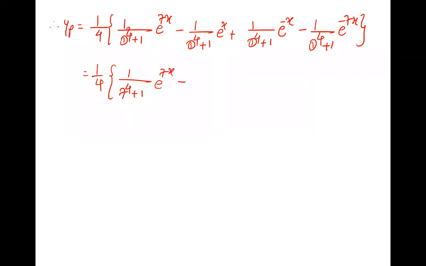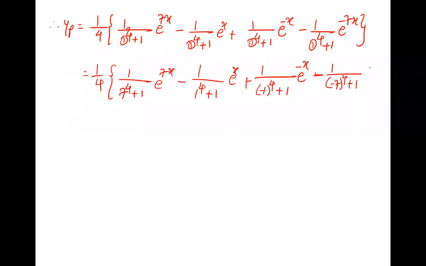Minus, d is here 1, so 1 raised to 4 plus 1, e raised to x. Plus, d is here minus 1, so minus 1 raised to 4 plus 1, e raised to minus x. Minus, here d is minus 7, so minus 7 raised to 4 plus 1, e raised to minus 7x. Correct. So it is 1 by 4.